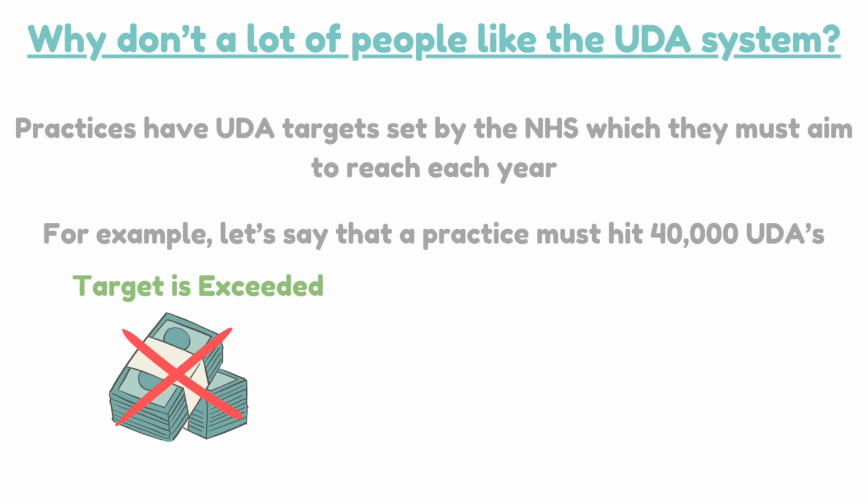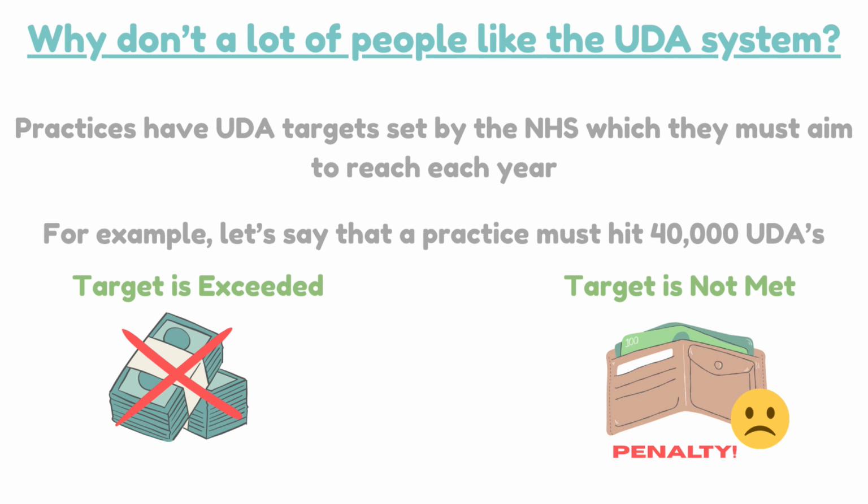But then if the target is not met, so for example, they only reach 35,000 UDAs in the year, they might actually receive a penalty. So they might actually have to pay back money to the NHS. Sort of like a fine, really, so they actually lose money.